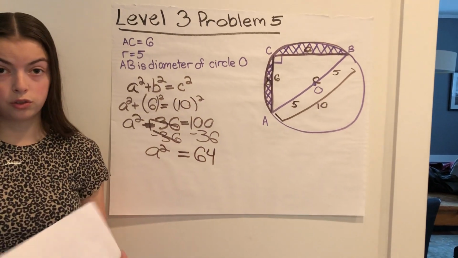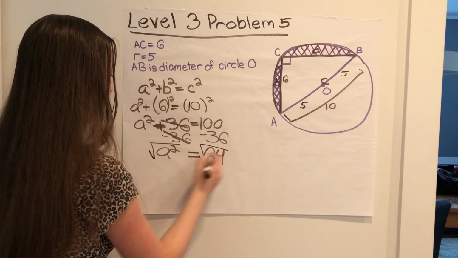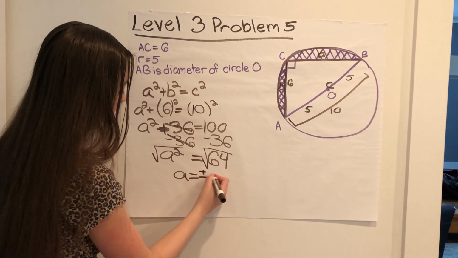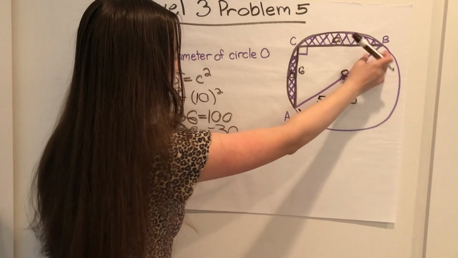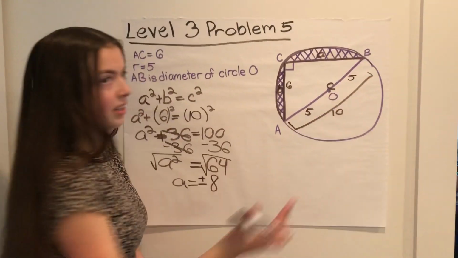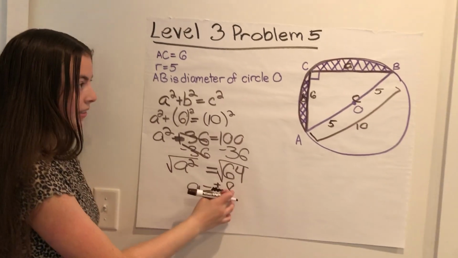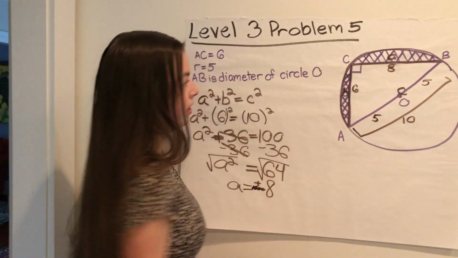And then I have to take the square root of both sides, because A is squared. A equals, now because it is a square root, you can write plus or minus 8, but since it's a whole number value that represents the length of a side, it obviously can't be a negative length, so I know that A is 8.